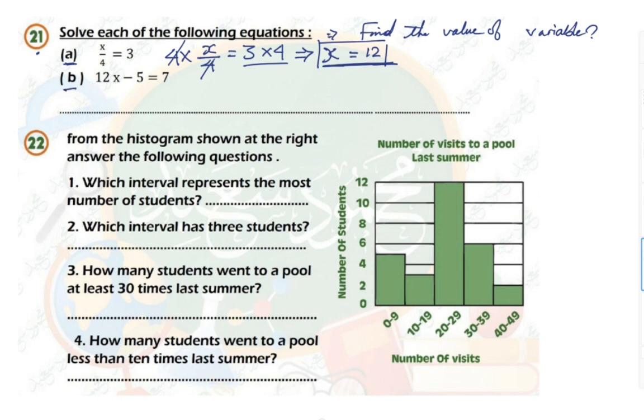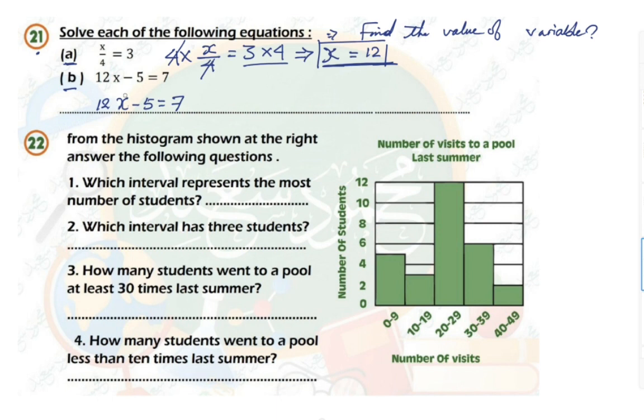Next point B, we have 12x minus 5 equals 7. Now here we have on the x side subtraction and multiplication. Doing with what? First do subtraction. We have 12x minus 5 equals 7, right?